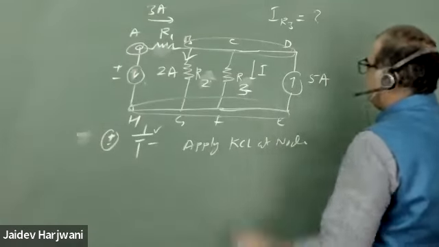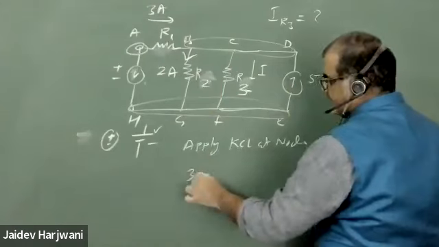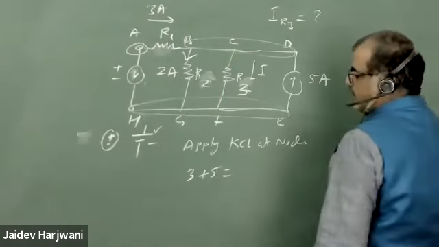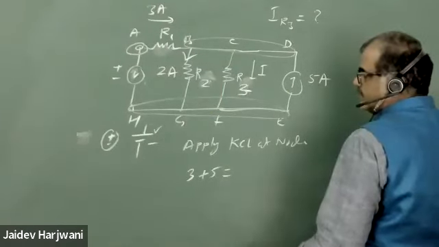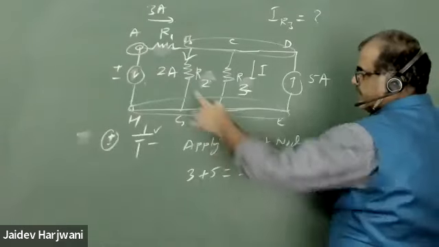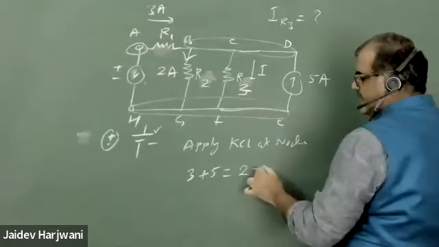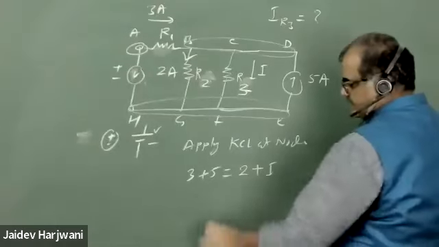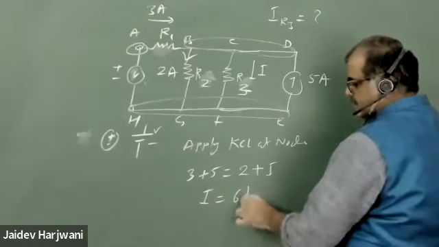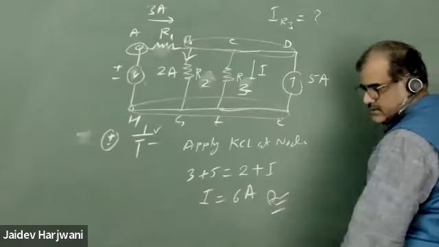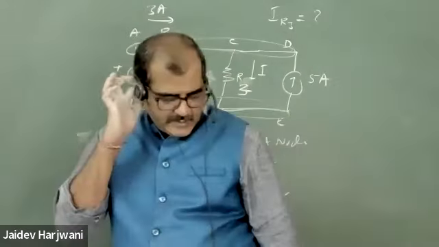Incoming currents are 3 ampere plus 5 ampere, and outgoing currents are 2 ampere plus I. So what is the value of I? 6 ampere. Are you getting my point?